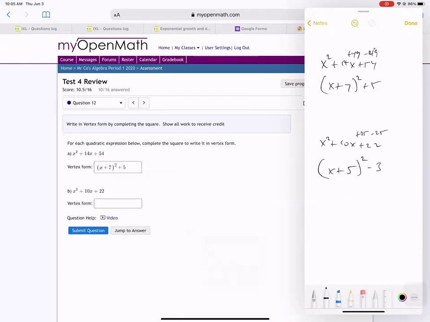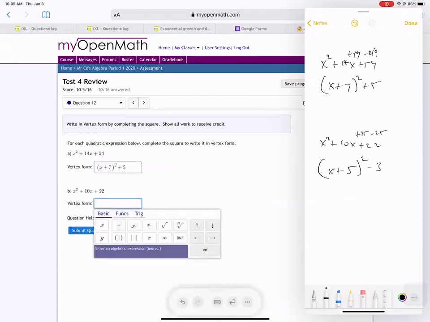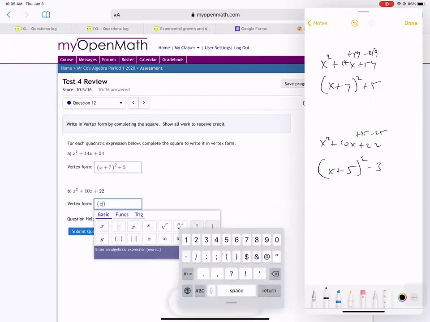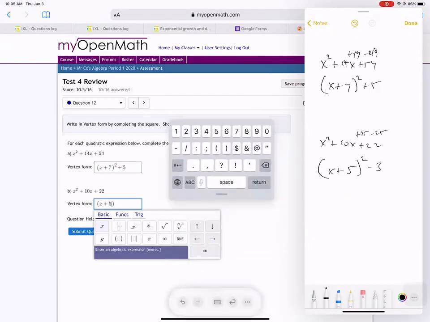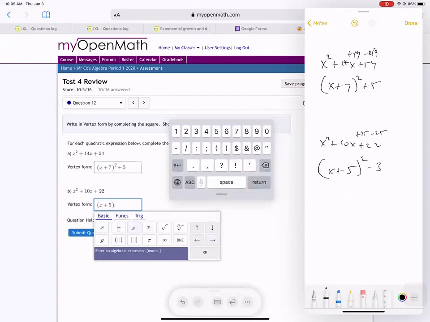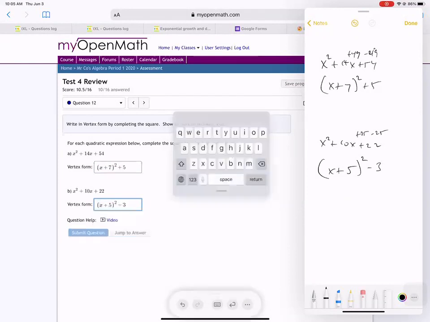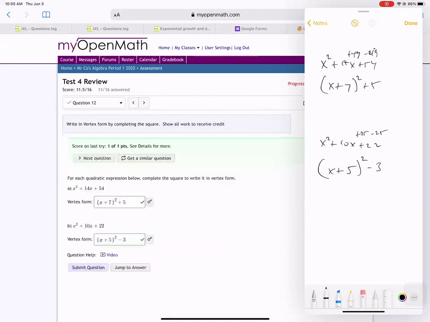And then it didn't give me the wrong format, right? It didn't give me a wrong format error. x plus 5, squared, minus 3. Okay, that's it. There we go.